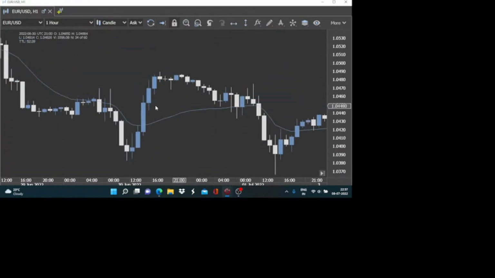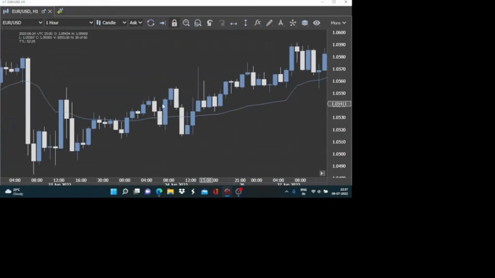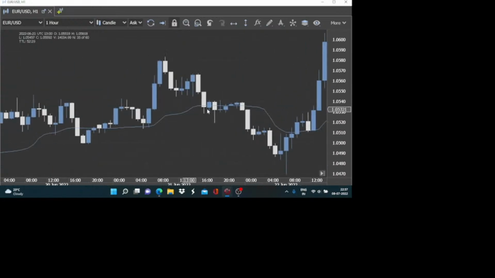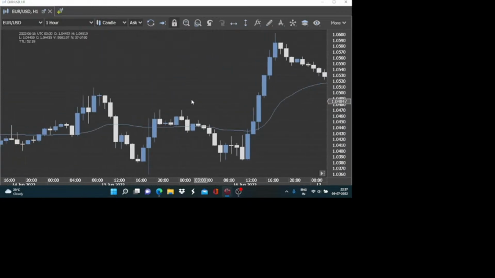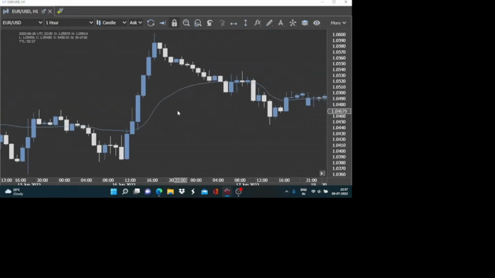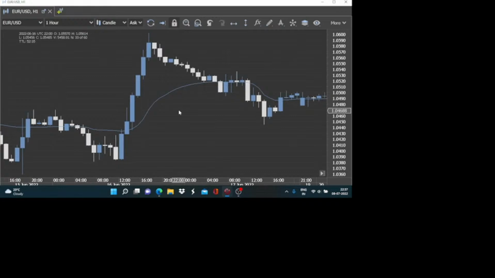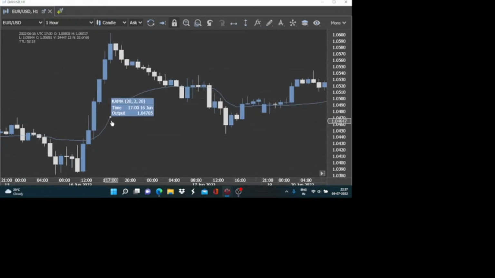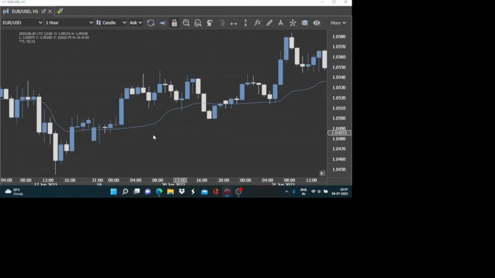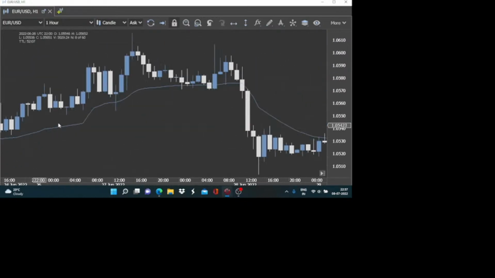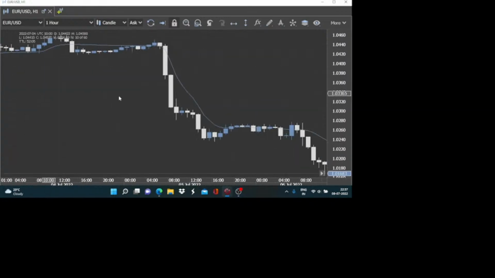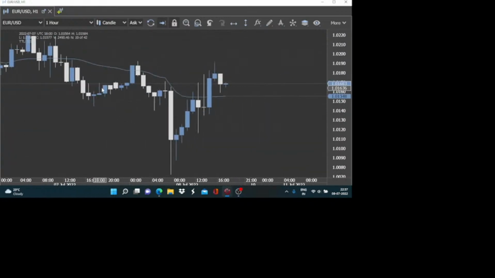So this is how the changes are visible, and it has become more responsive to the pricing data. And as I said earlier also, it will be showing some lag when there are significant swings in either direction, and otherwise it will be following the price closely. So that's how these KAMA works.